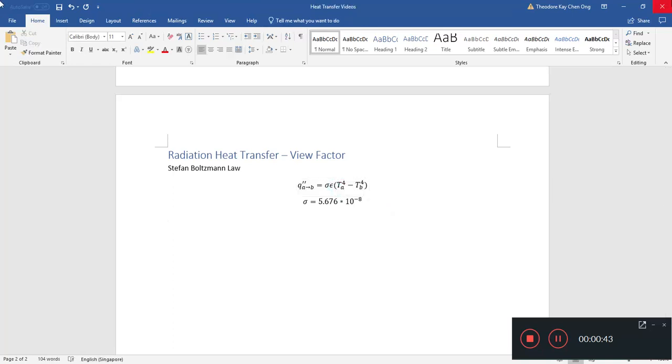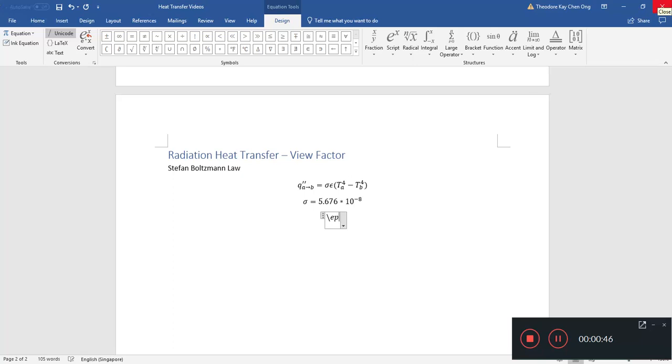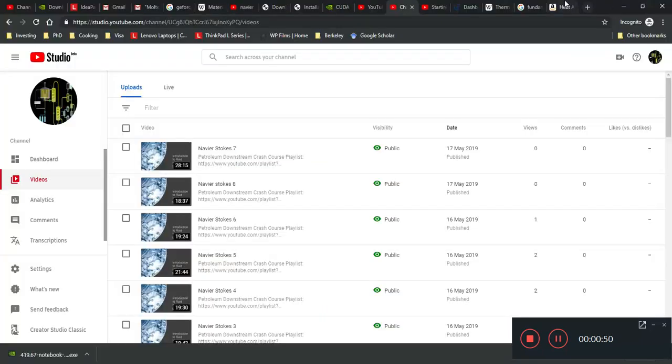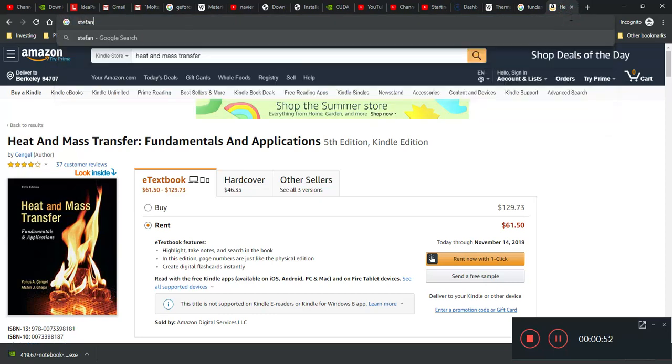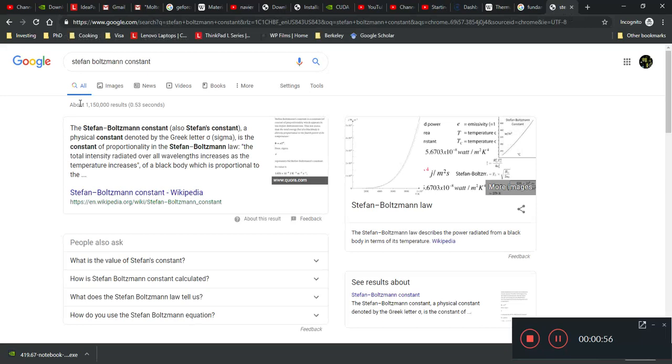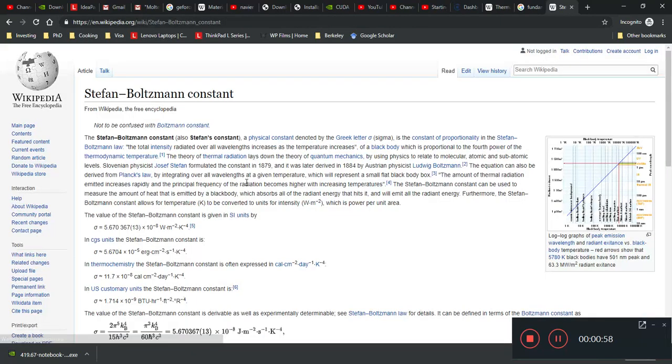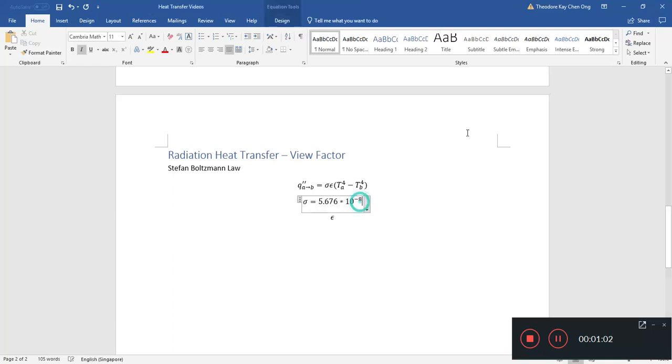Hold on, I'll go look for the Stefan-Boltzmann constant. So it's in watts per meter squared per Kelvin to the minus 4. Okay, so watts per meter squared, capital W, and K to the minus 4.